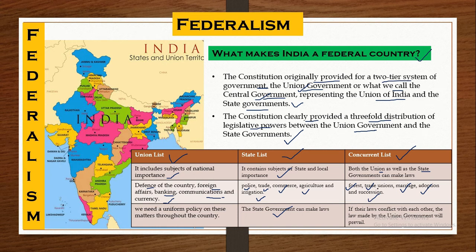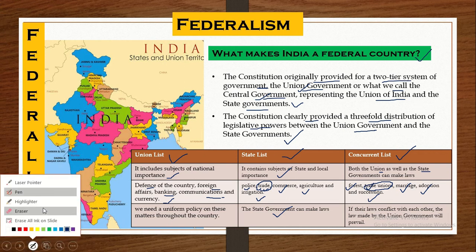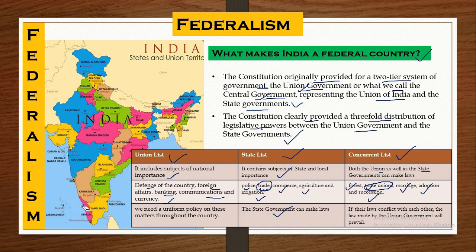Now we may get a doubt here. Here there is a trade subject and here there are trade unions. Don't get confused, these are two different subjects. Trade means carrying out local trade, whereas trade unions are unions formed for trade associations.